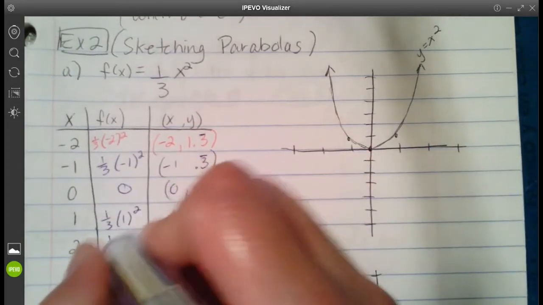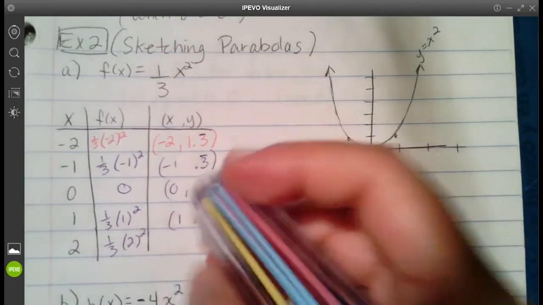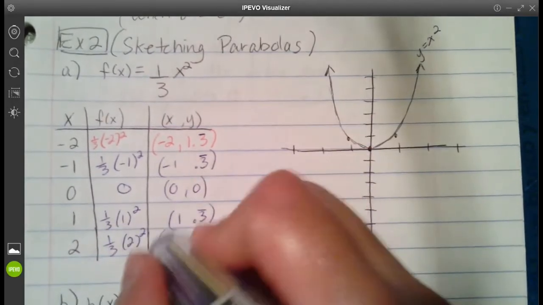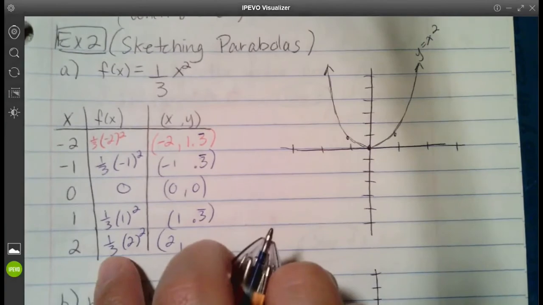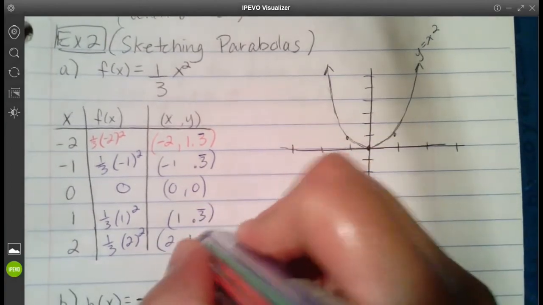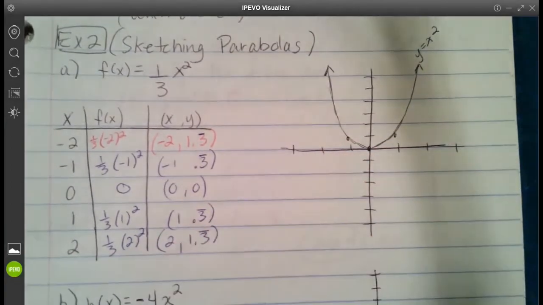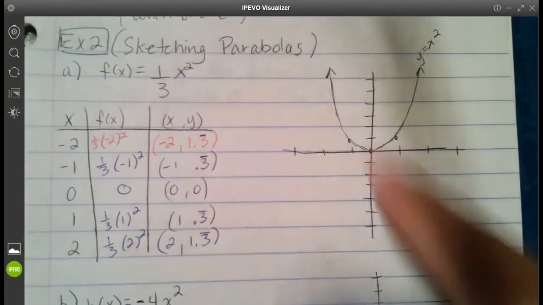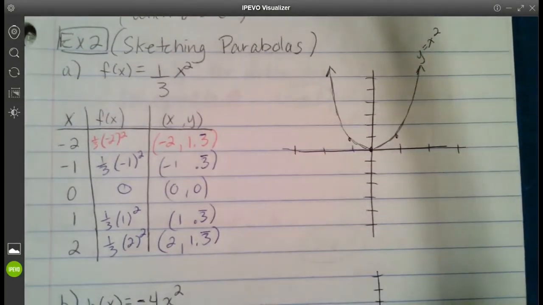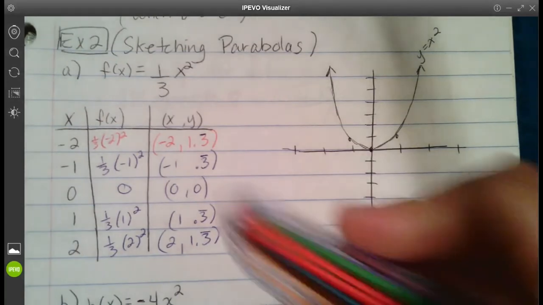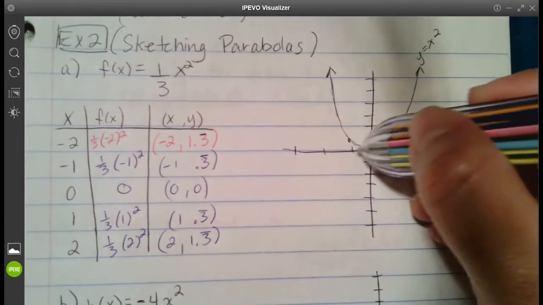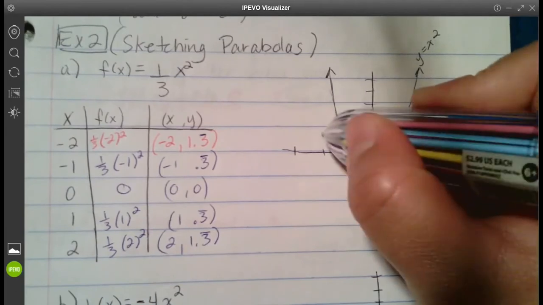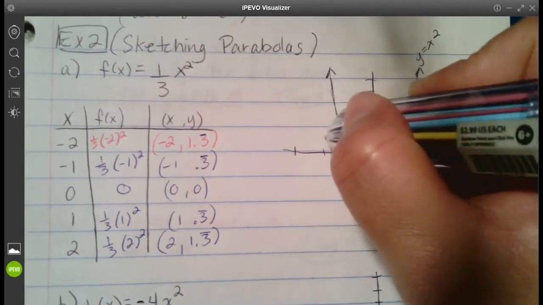And finally, 1/3 times 2 squared. So 2 squared is 4. 4 times a third is 1 and 1/3, or 1.3333 forever. Okay, so those are some point values. I went ahead and just did a few so I can get a more or less idea of where this graph is at. So first point, -2, 1.3 is going to be about right here or so.